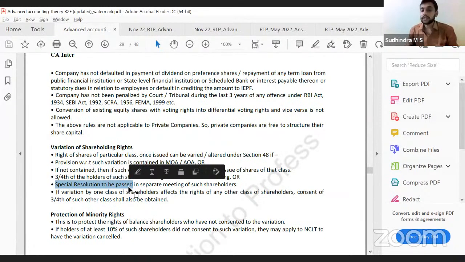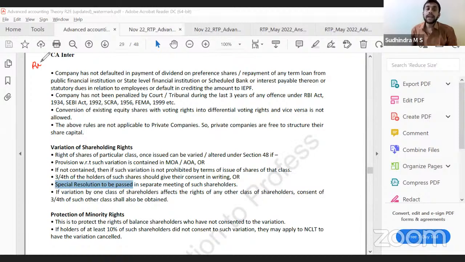What is this variation of shareholding rights? We have rights given to the shareholder. We have equity shares allotted. They have some rights. Now, out of these rights, one of the rights we have to alter. In such a case, we have to follow this procedure. These equity shareholders would be a separate class, a separate class of equity shares.